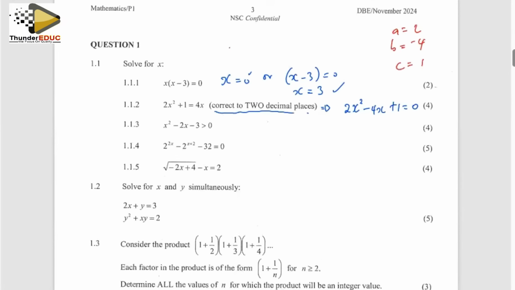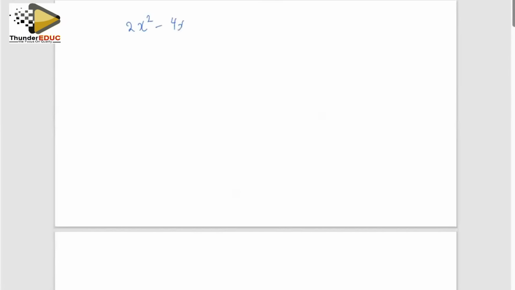Let me just put it aside. So it is 2x squared minus 4x plus 1. So x is negative b plus or minus the square root of b squared minus 4ac over 2a.